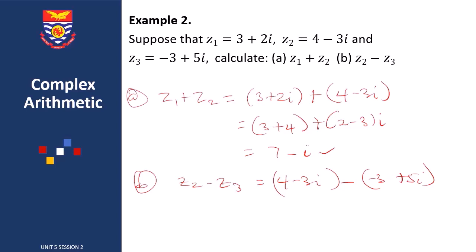So 4 minus 3 gives 1, and minus 3i minus 5i gets minus 8i. So that is the answer. So simple. You can find more examples; it is very elementary.